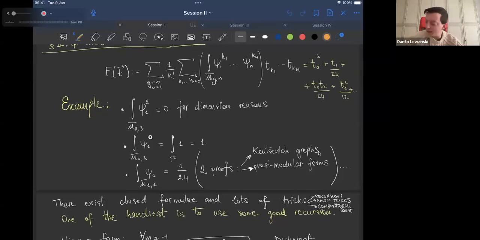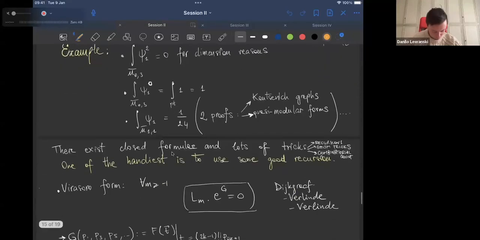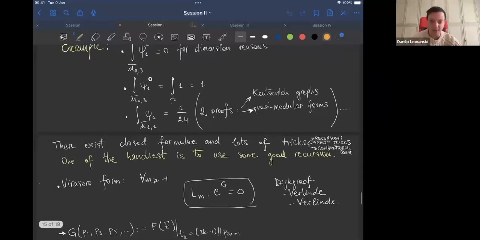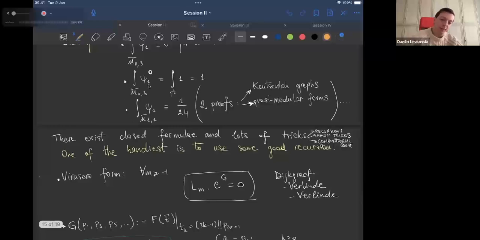Or in my paper on combinatorial Teichmüller space with many collaborators. Or you can find, in fact, 3 different proofs via quasi-modular forms, depending on which modular form you're using. And that's in the notes of Zvonkin, which I also recommend. So very nice proofs, to compute this integral here.